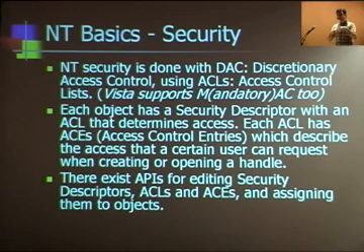So each object has a security descriptor which has an ACL, and that ACL determines access. The way it works is that the ACL has ACEs, access control entries, and each entry describes the access that a user can request, like administrator, read access, Joe and Mary, write access, or vice versa. And there are APIs for actually editing these things.